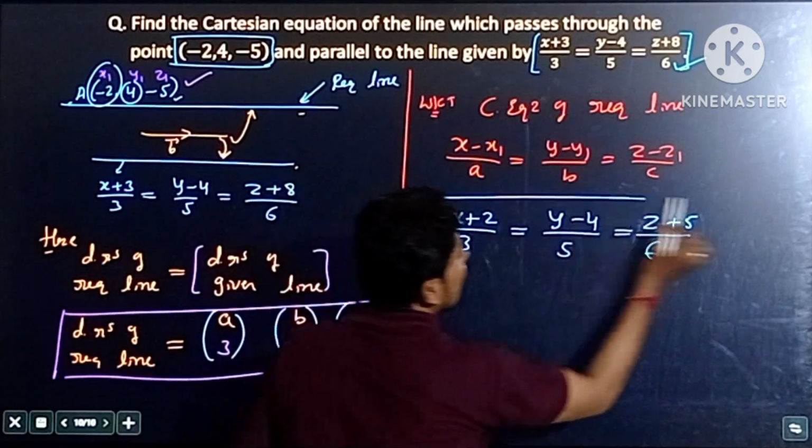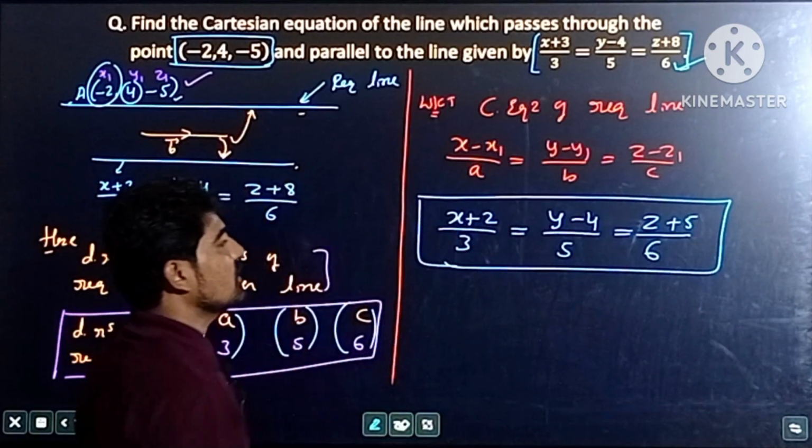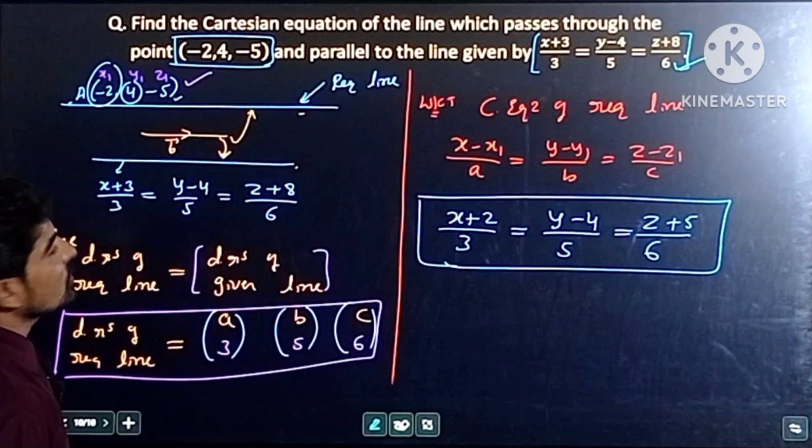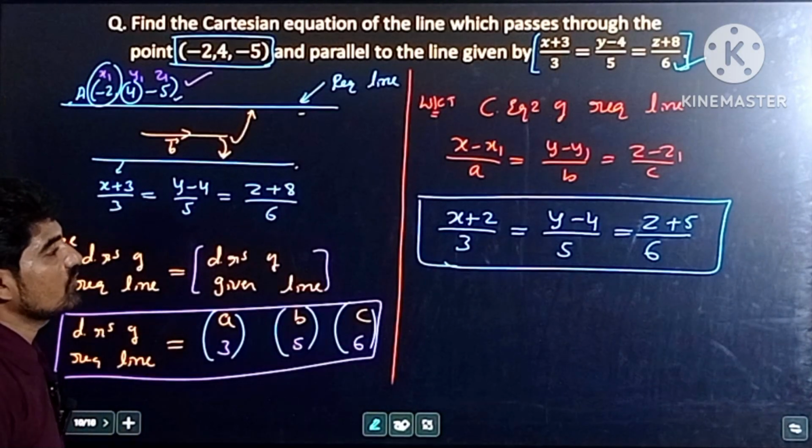So this is the required Cartesian equation of the line which is parallel to the given line and passes through the point A. I hope all of you understood.